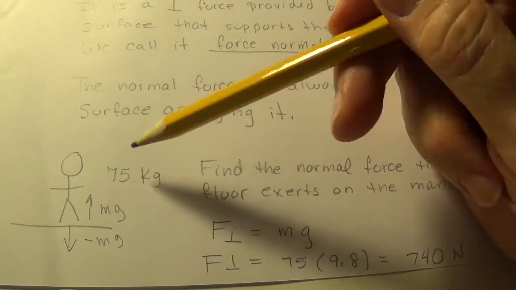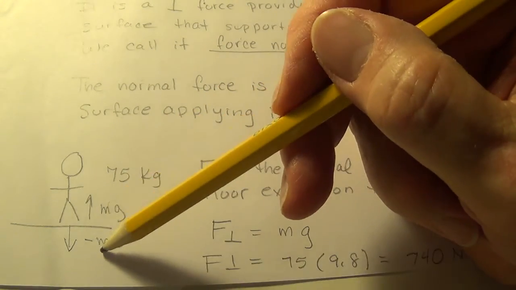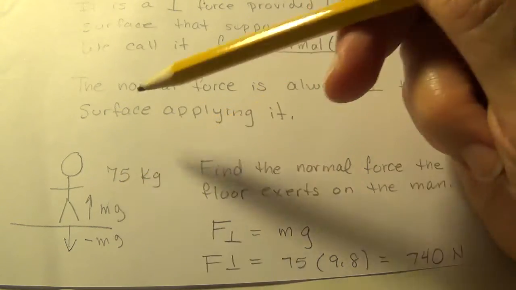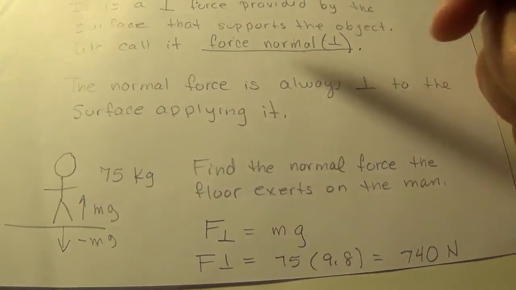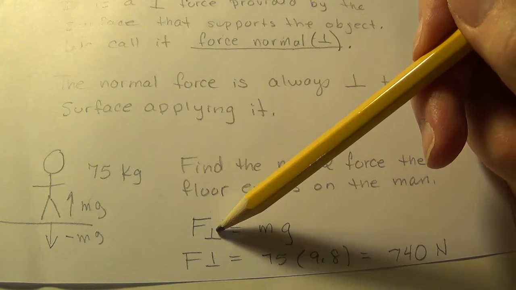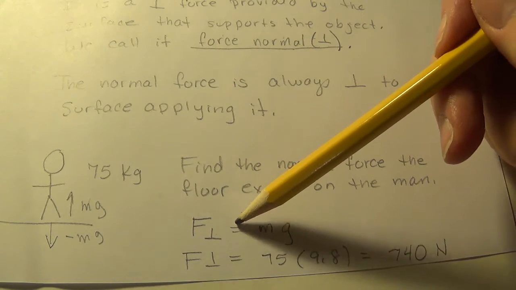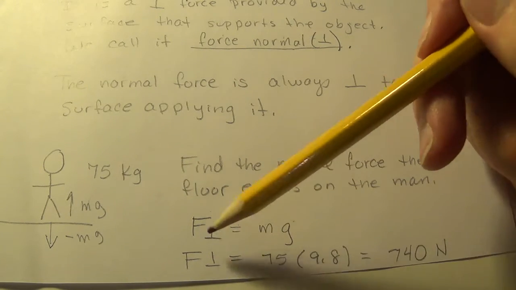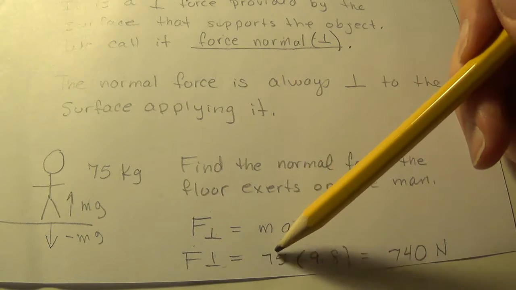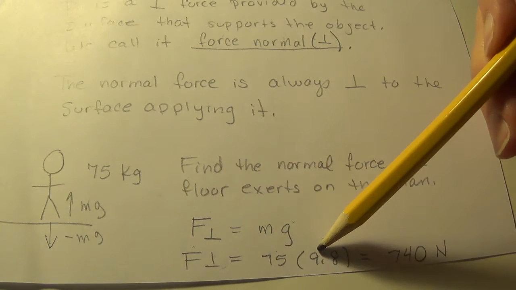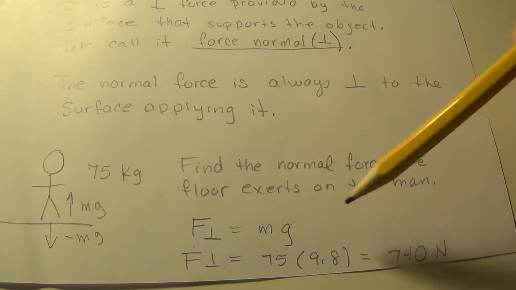Well, our strategy is just find his weight downward, and we know force normal is exactly the same upward. So we're going to grab force normal, force perpendicular equals mg. Force perpendicular is mass times acceleration, and that will get you the force.